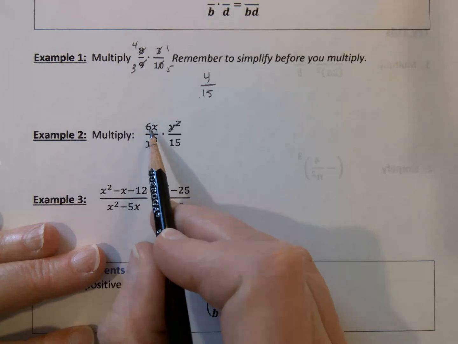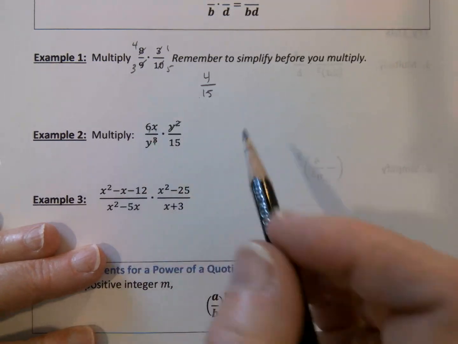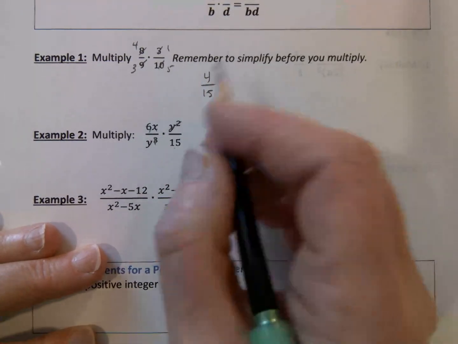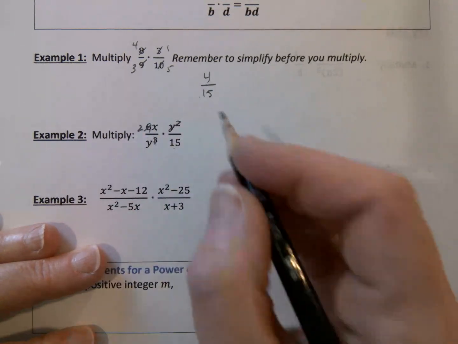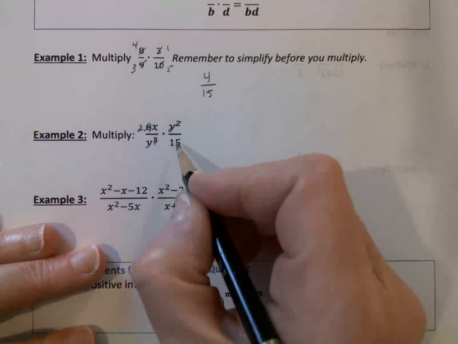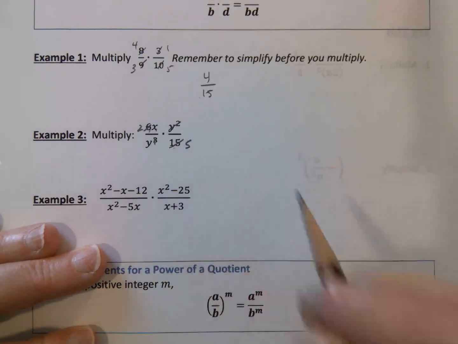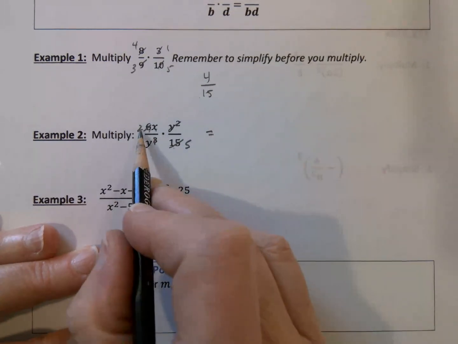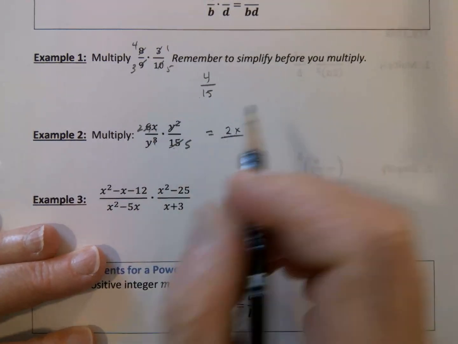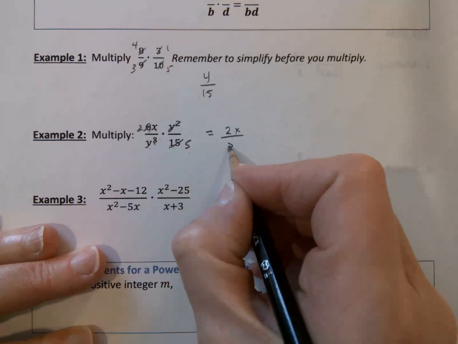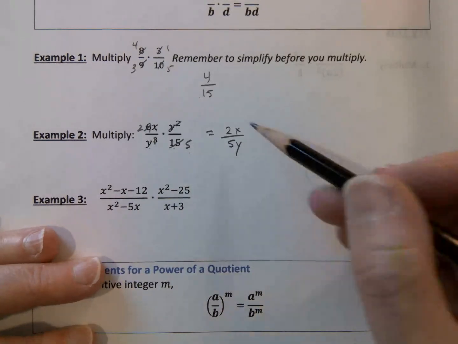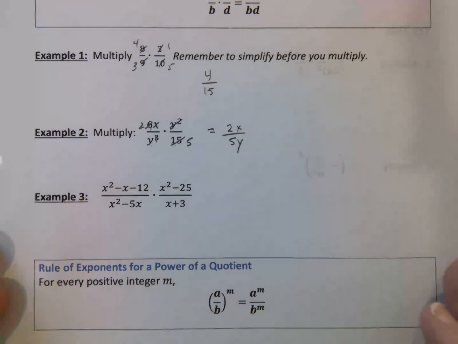Even though the 6 is being multiplied by 5, I can still simplify the 6. 6 and 15 have a common factor of 3. So that 6 becomes a 2. The x stays the same, and 15 divided by 3 is 5. So what I'm left with is 2x on the top, and here I have a y and a 5, so 5y on the bottom. Notice that it's already in simplest form.